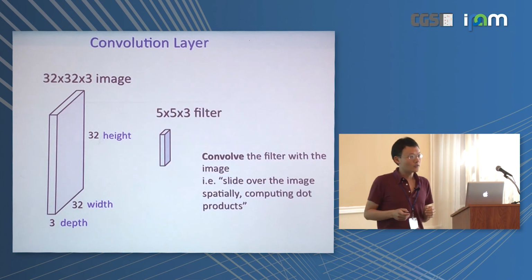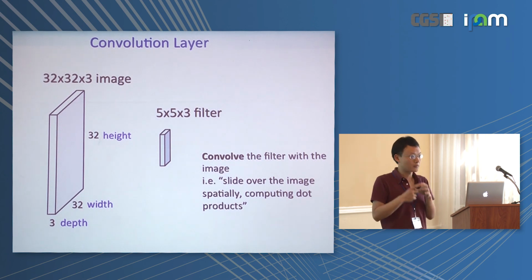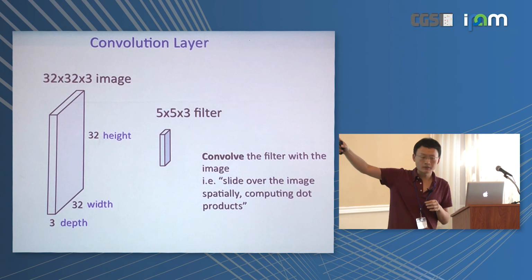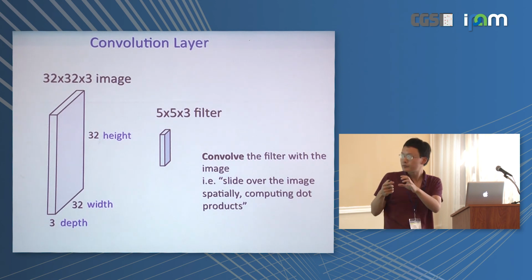What a convolutional neural network is trying to do is define a lot of these local convolutional filters. Think of each filter as being a patch of those artificial neurons that we saw from the previous slide.